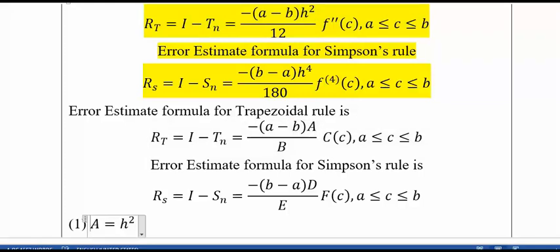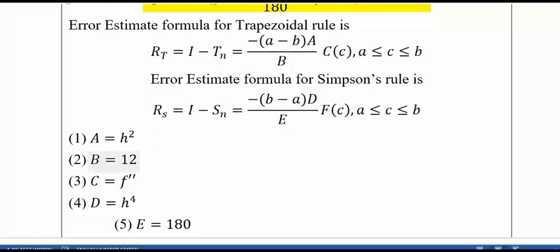So the question will be a equal h squared is true, b here instead of 12, and c instead of f double dash. Here it is, b is 12 and c is f double dash.